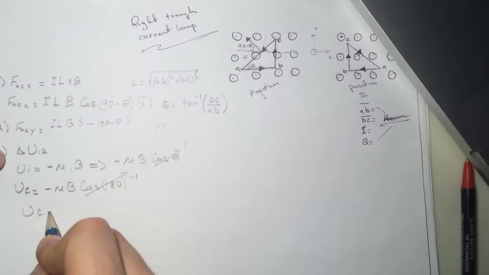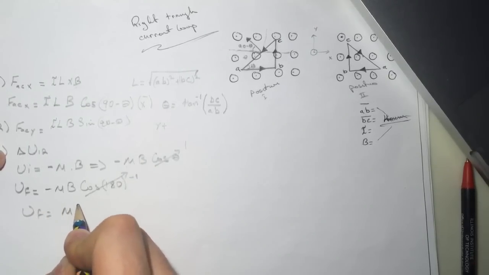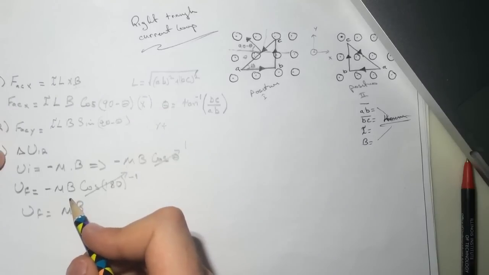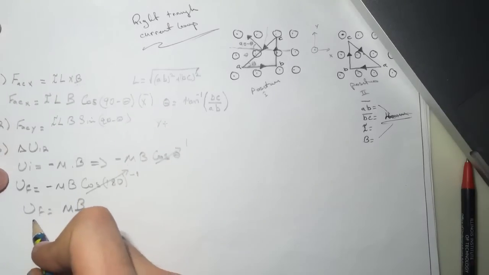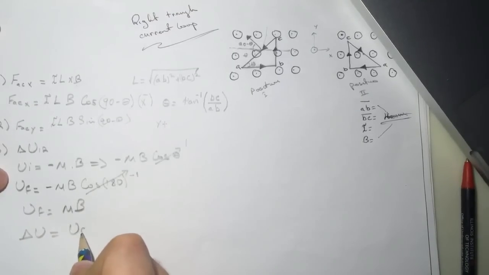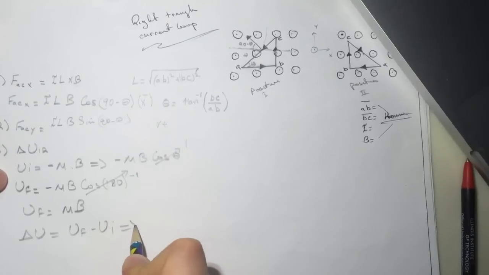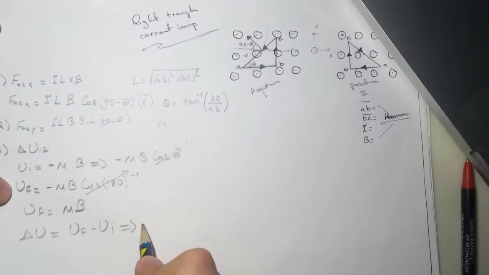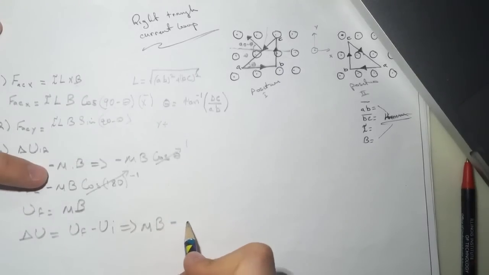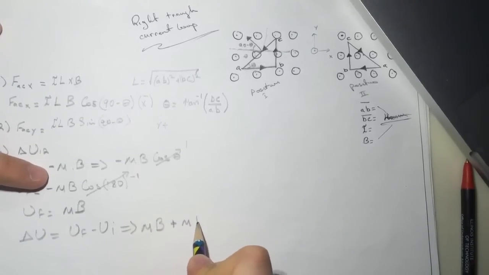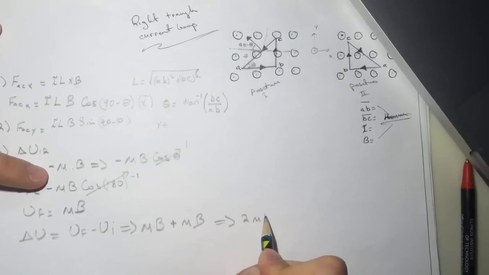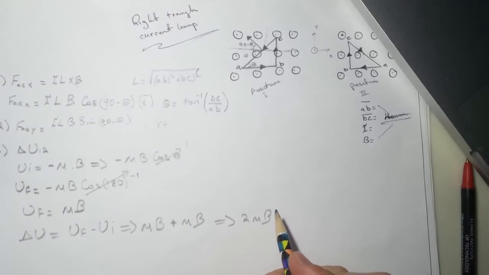So the U final will be equal to μB. Very cool. So the delta U is equal to U final minus U initial, which in this case will be μB minus minus μB, which is positive μB. So it's equal to 2μB.